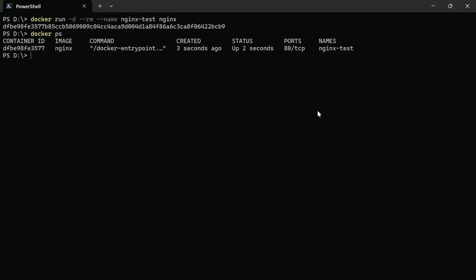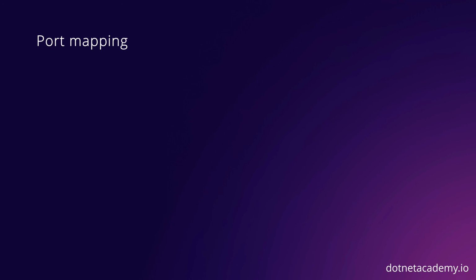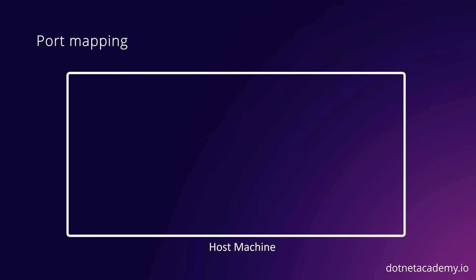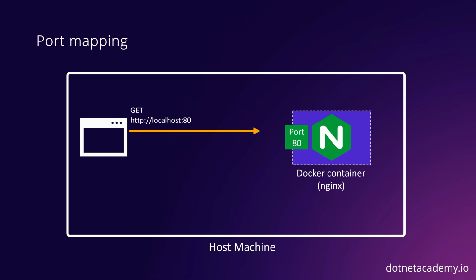So let's go back to the slides so we understand better this concept of port mapping. Let's understand port mapping in Docker. Here we have our host machine, and we are currently running an Nginx Docker container, which by default listens on port 80. Now we open our browser and try to send an HTTP request to our container.